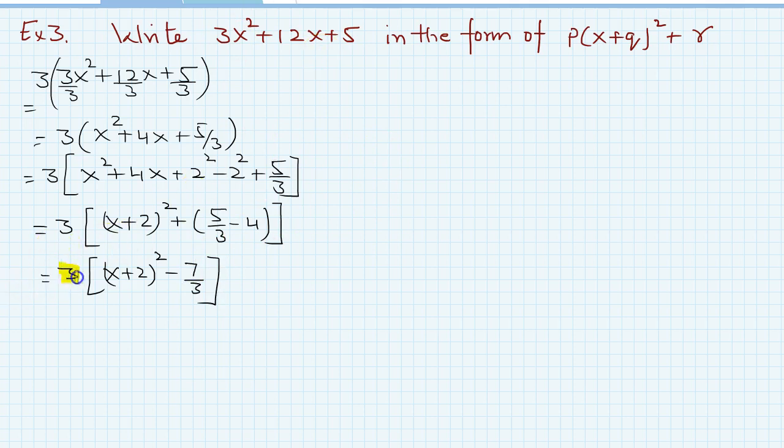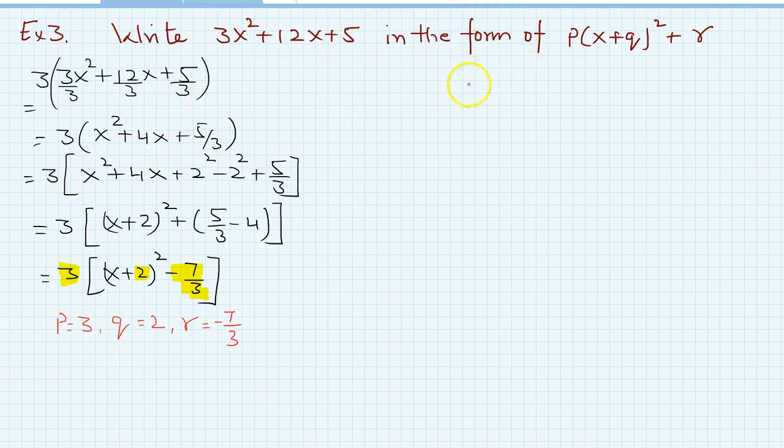So here we have p, this is q, and this is r. So value of p is 3, value of q is 2, and value of r is minus 7 over 3. These are the values.